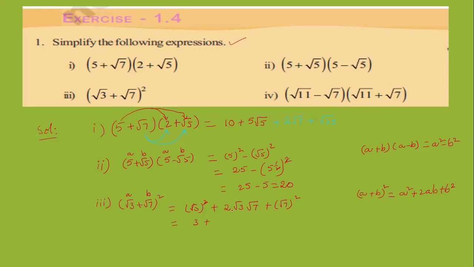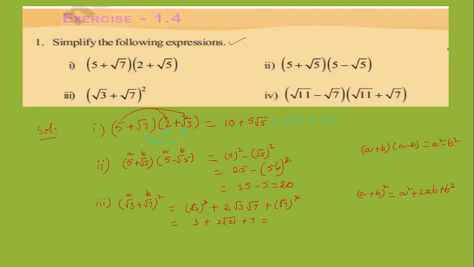Now what is the remaining? 3. In the second term, both have root symbols, hence 2 into square root of 3 sevens are 21. Root 7 whole square means here also again you cancel the square root symbol and the square. Now what is the remaining? 7.